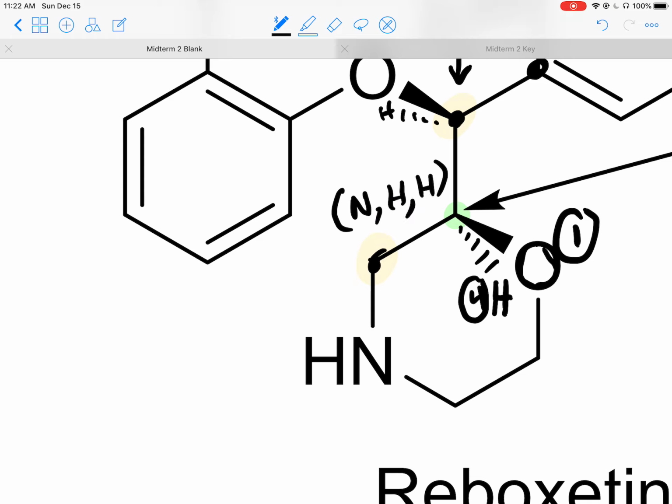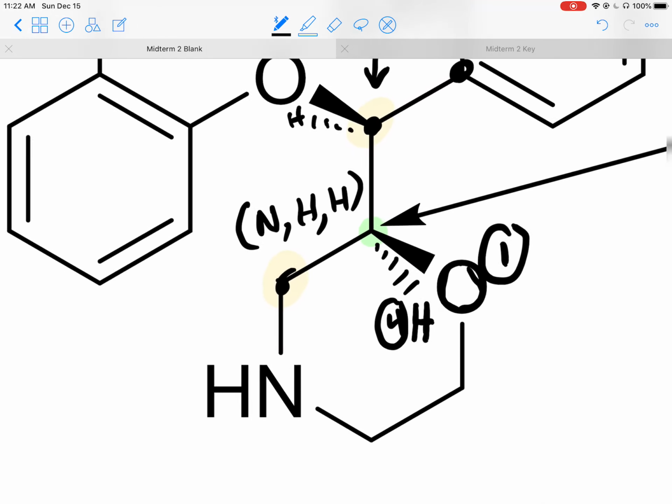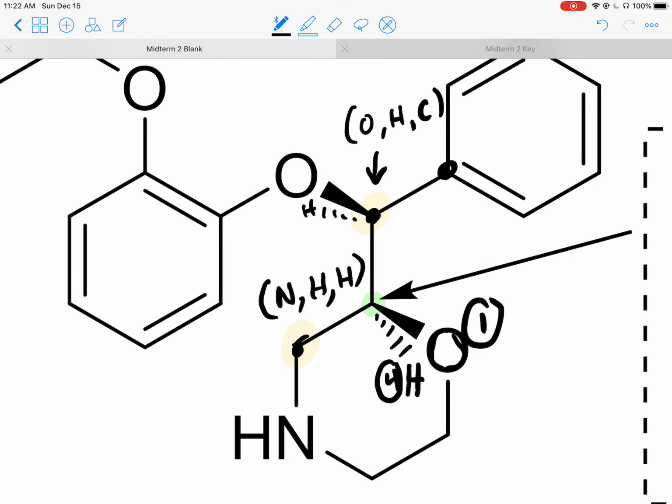It's only making 2 bonds that we can see, so there's 2 implied hydrogens. And so which one is a higher priority? That would be the one with the oxygen, because oxygen is higher than the highest priority here, which is nitrogen. And so the carbon that's connected to oxygen is going to be higher than the other one. So this is going to be number 2, and this one's going to be number 3.